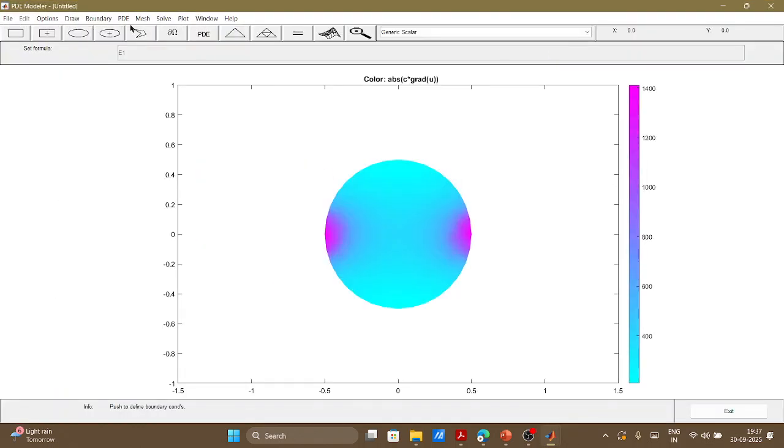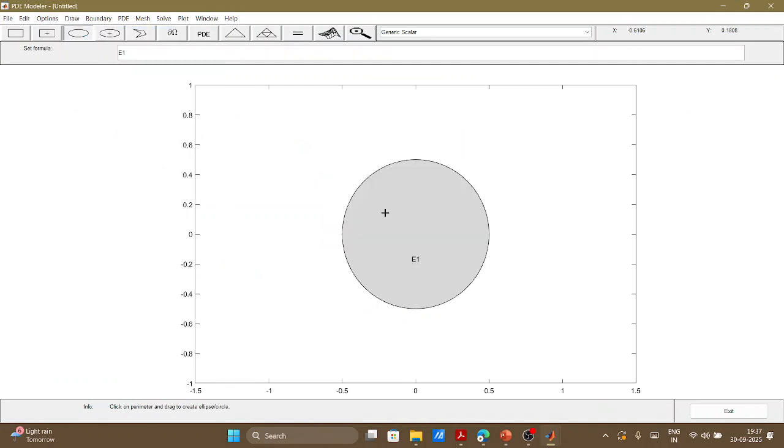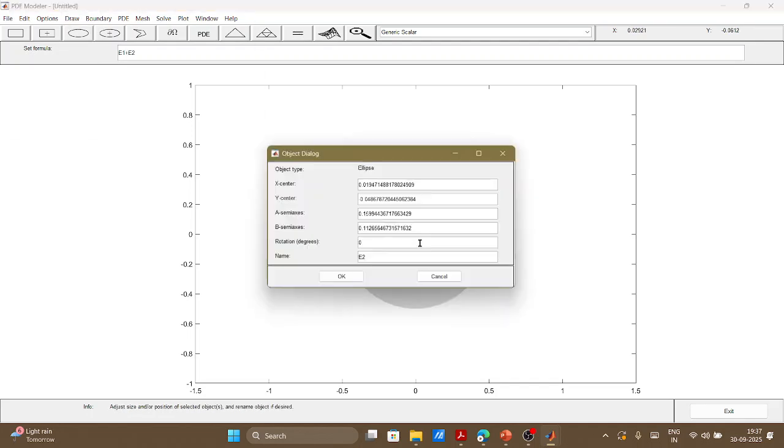As you know, we can also create the holes in this part, right? So let me go into the draw mode. Let's add one more circle. Here I want to do it 0, 0, 0.25.